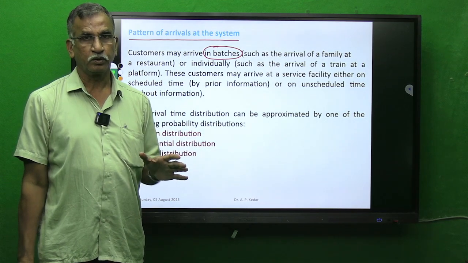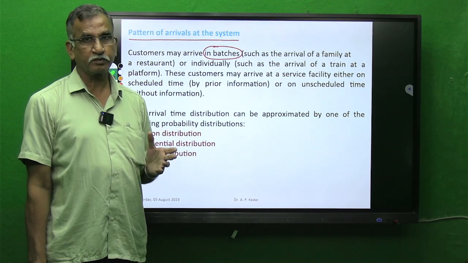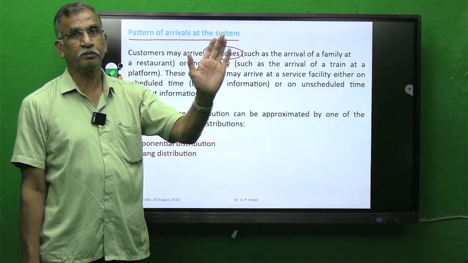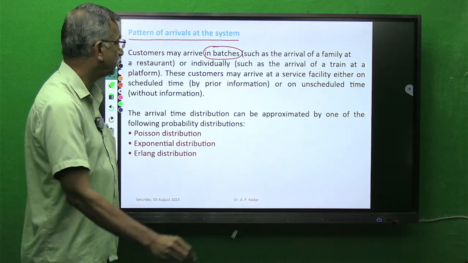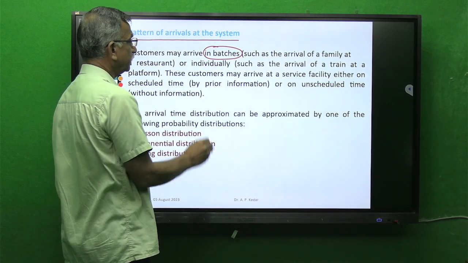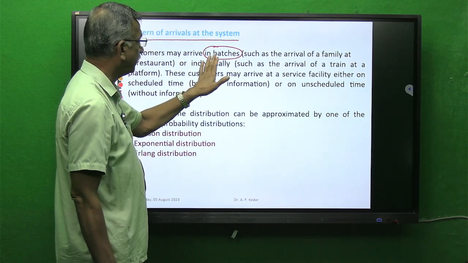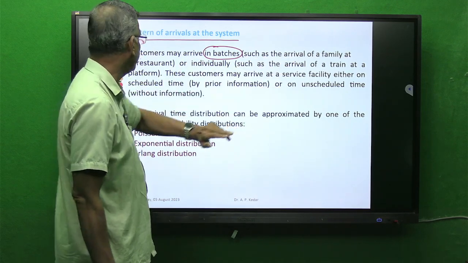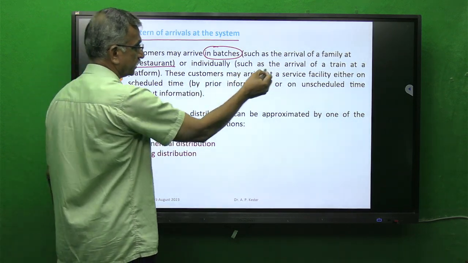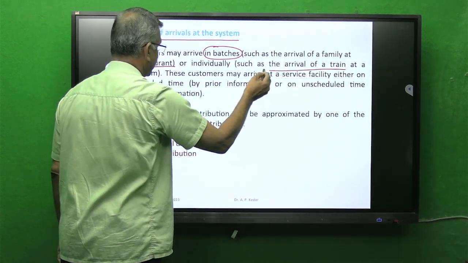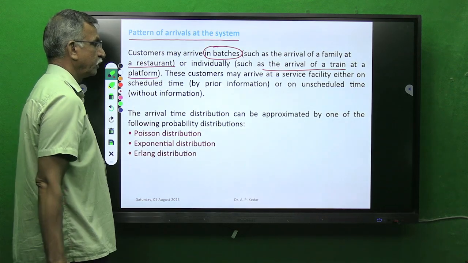I go alone. For railway reservation, we are not going as a family as a whole. We are going individually. So it depends whether we are joining the system in batch, such as arrival of a family at a restaurant, a good example, or individual, such as arrival of a train at a platform.